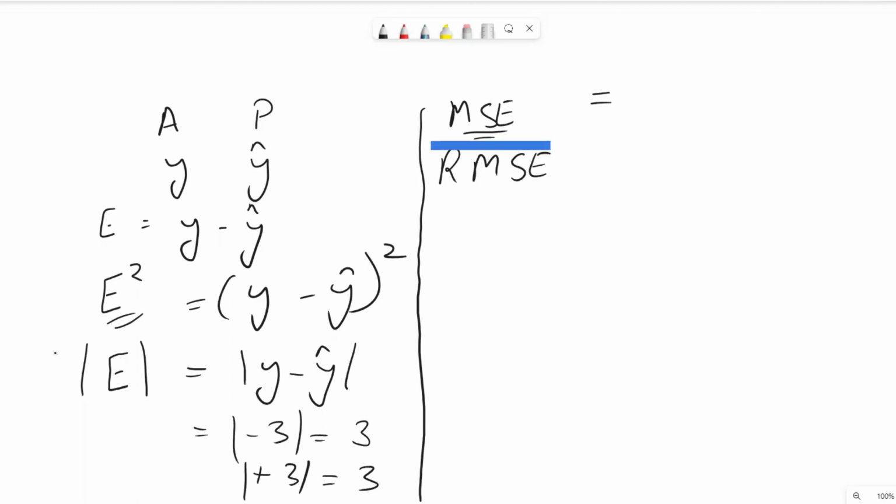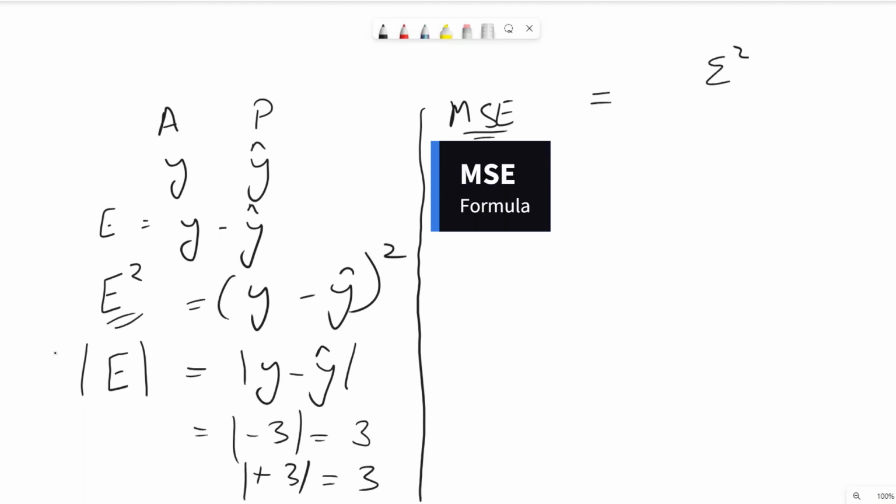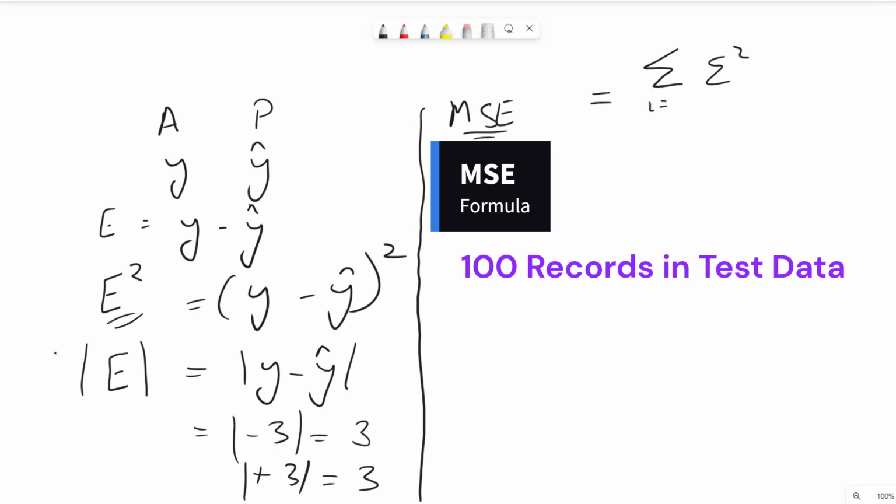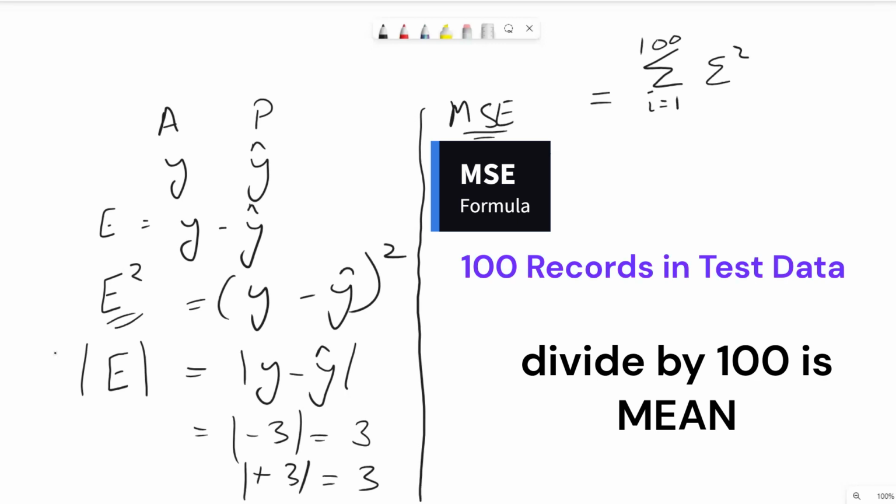Mean squared error is nothing but, you already know the squared error, right? But that squared error is for every value. Let's say there are 100 records. So you will do the summation from i equals 1 to 100. You will add all the squared errors and divide by 100. That is mean squared error, right?